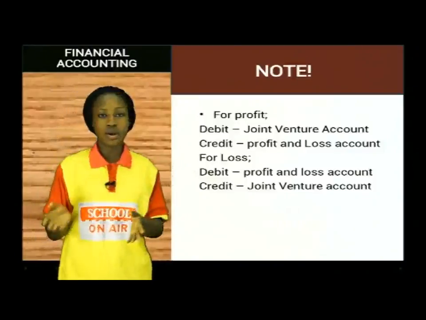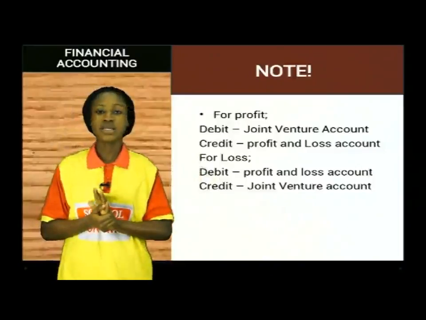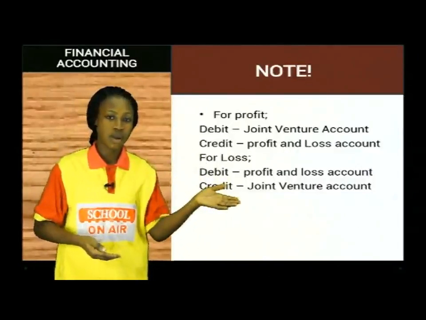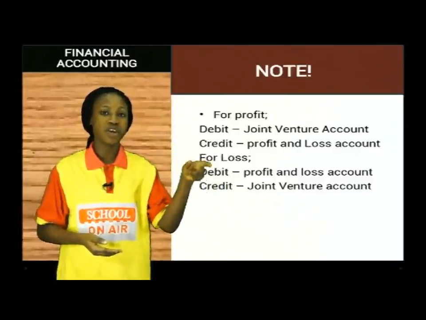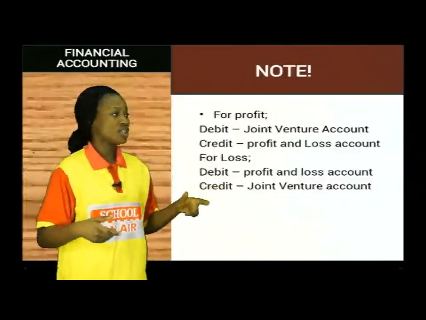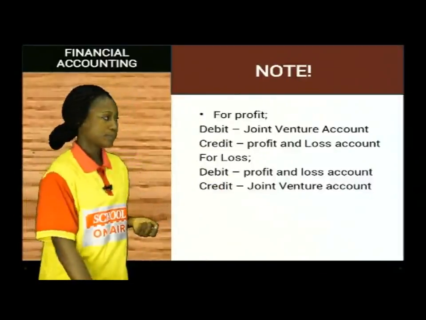And if it is a loss, we are debiting our profit and loss account with the figure for the loss, and we are crediting our joint venture account with the figure of the loss.